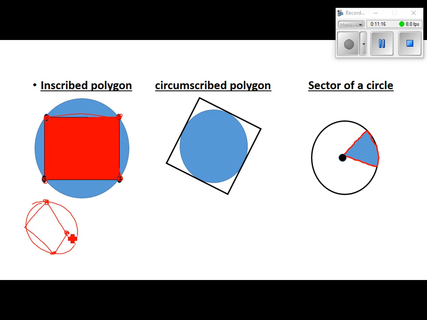If all the corners aren't laying on the circle, then it's not inscribed. A circumscribed polygon means the circle's inside. So all the sides of the polygon, whether mine's a four-sided, just because that was easiest to draw, all of them touch the circle at one point. So each one of those is a tangent line to the circle.